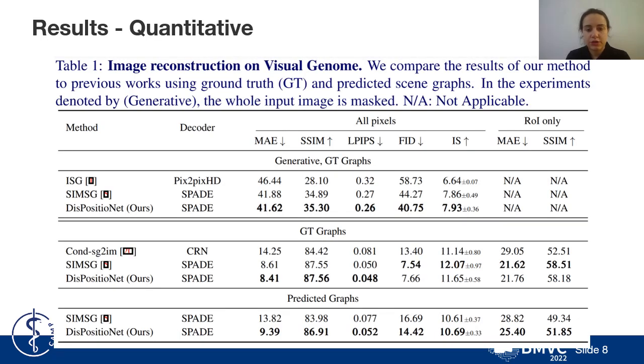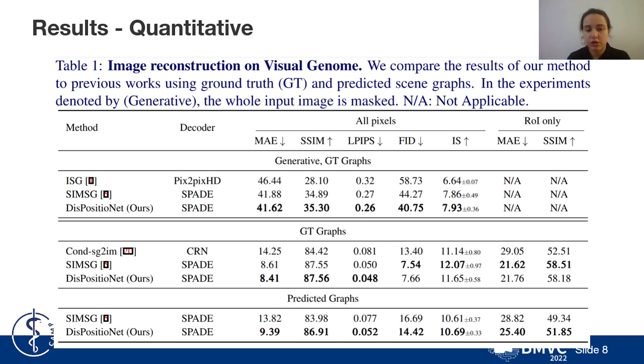In this table, you can see the image reconstruction performance of our model on Visual Genome. Since we don't have access to pairs of edited images before and after the editing for the image manipulation task, the evaluation is done through the reconstruction task, where either the whole image is masked and reconstructed using all of the methods, which is the first part that we call generative, or random parts of the image are masked and reconstructed.